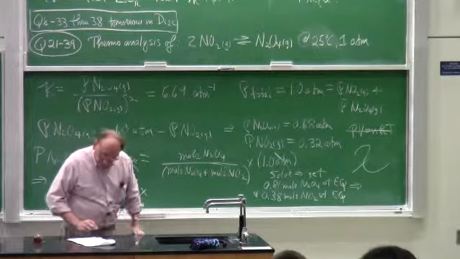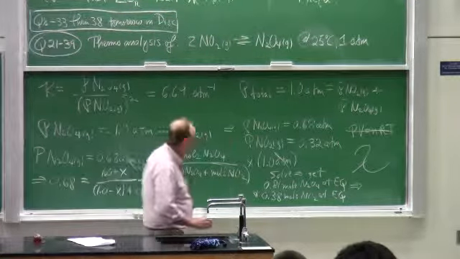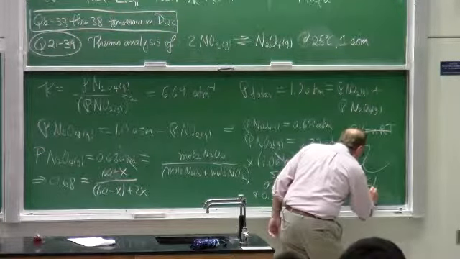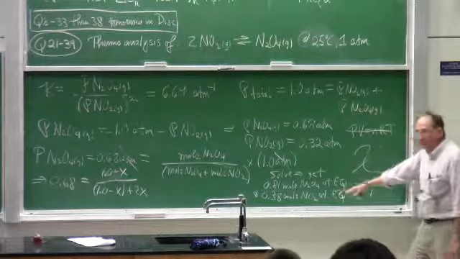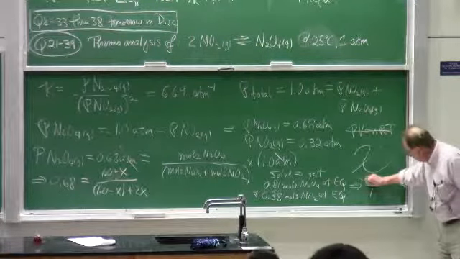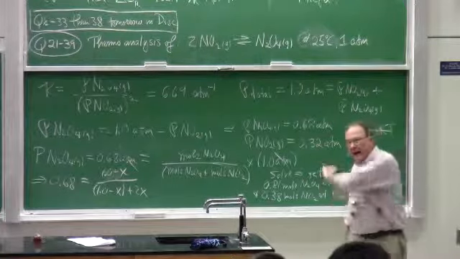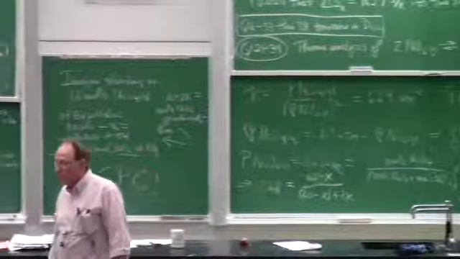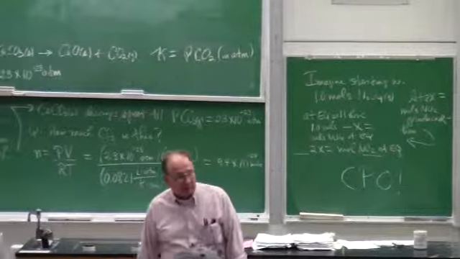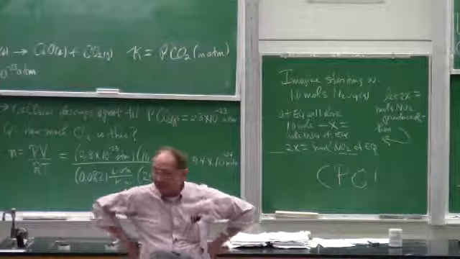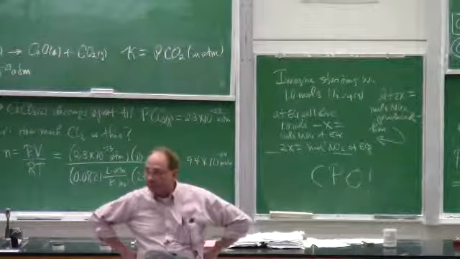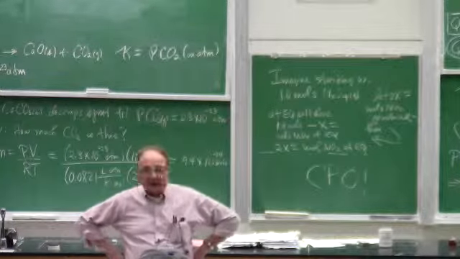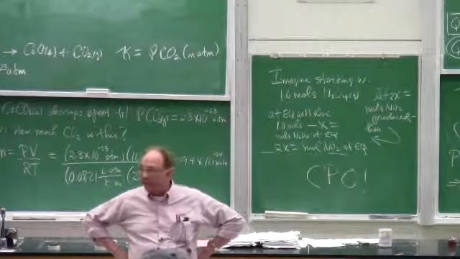Didn't write it down. Oh, here it is. About 2.1 to 1. That's 0.81 divided by 0.38. So now I know, I don't care what mix I start with of NO2 and N2O4. I don't care what the mole ratio is, what I start with. If I'm at these conditions, that NO2, N2O4 system will react until I get a mole ratio of N2O4 to NO2 that's about 2.1 to 1, because now I'm at equilibrium.